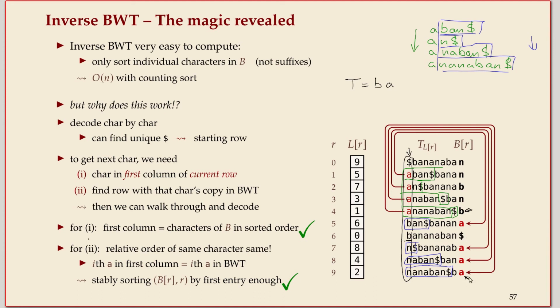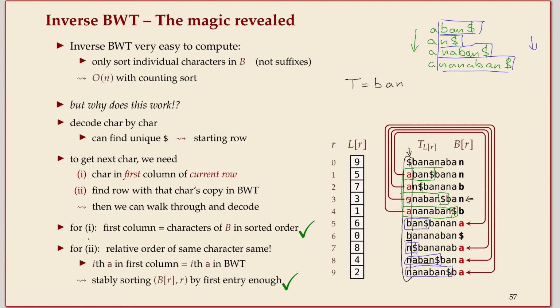So we're now in this position, in this row, row number 9. Well, we find the character at that position is an N, and it's actually the last N in sorted order. So we map this to the last N in the BWT. There we are. So we are now in position 3.